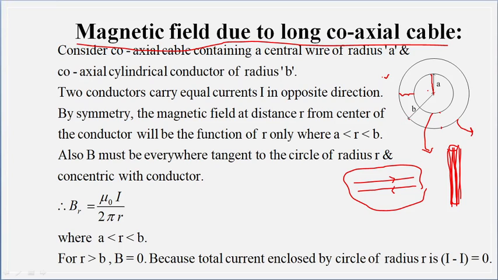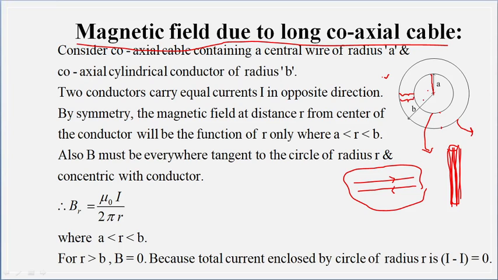The field here is only because of this central wire, which is a single straight wire, and for a straight wire it is mu naught I divided by 2 pi r. But this r can be only greater than A and less than B, because outside B the field becomes zero, and inside the wire also the field is zero. So field is there only in this region.